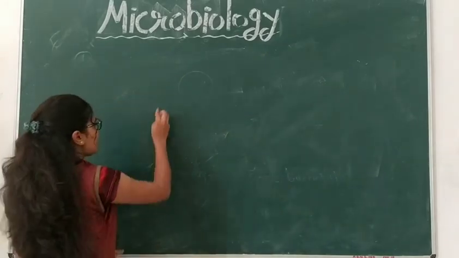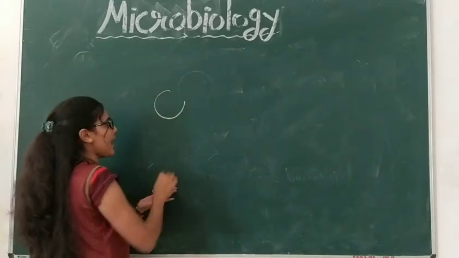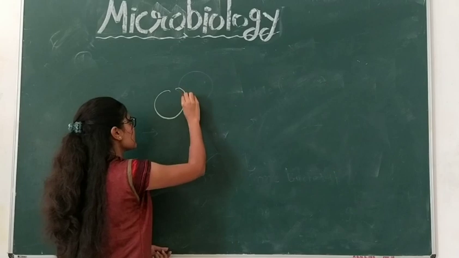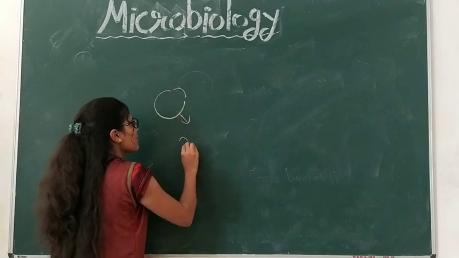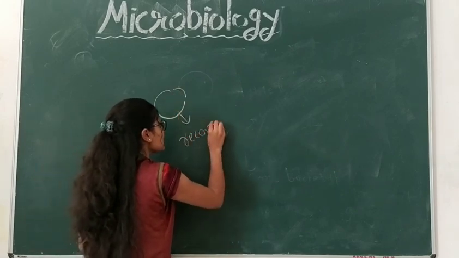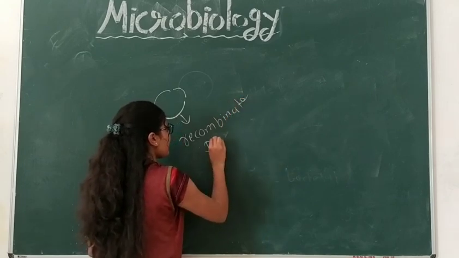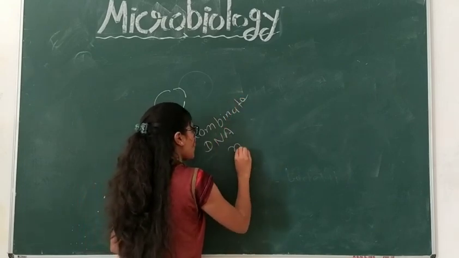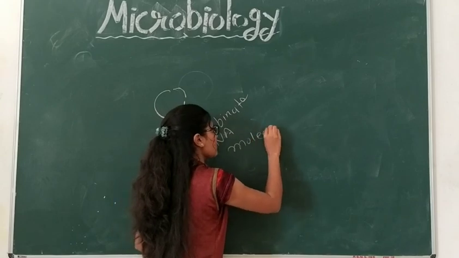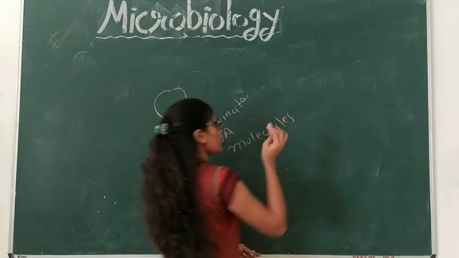Here this is our vector and this one is our gene of interest. Together they form the recombinant DNA molecule. How will it be formed?